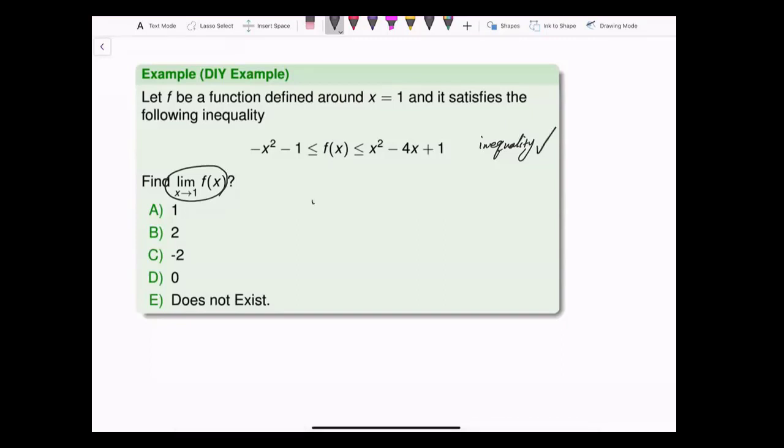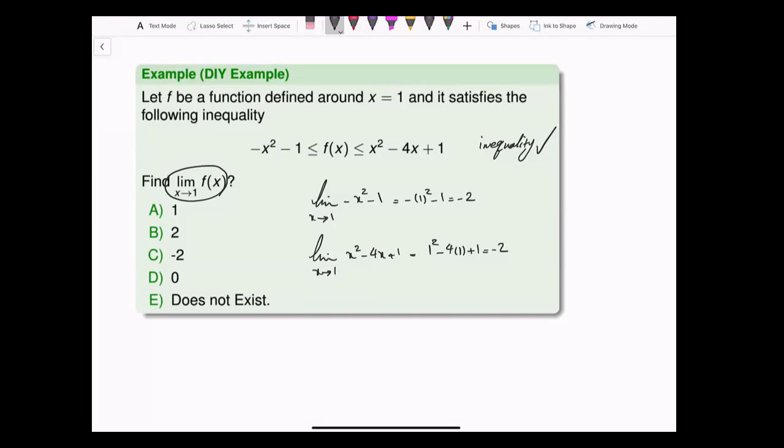The inequality is given. The limit of the left function as x goes to 1 is negative 1 squared minus 1, which is negative 2. The limit of the right function as x goes to 1 is 1 squared minus 4 times 1 plus 1, which is negative 2.